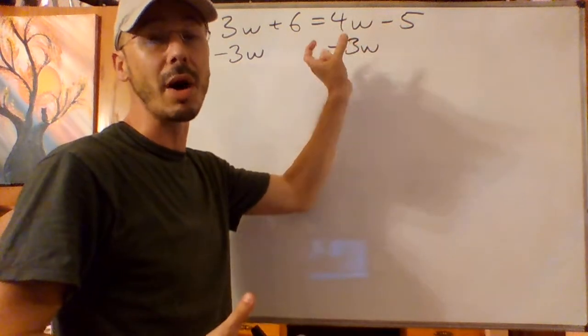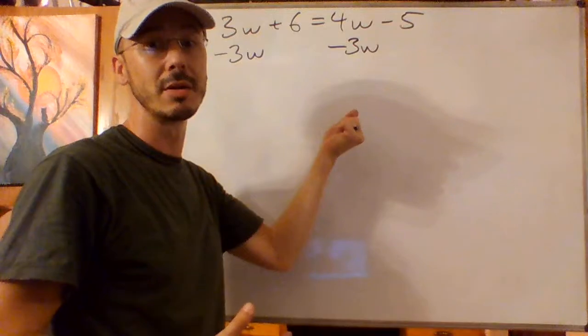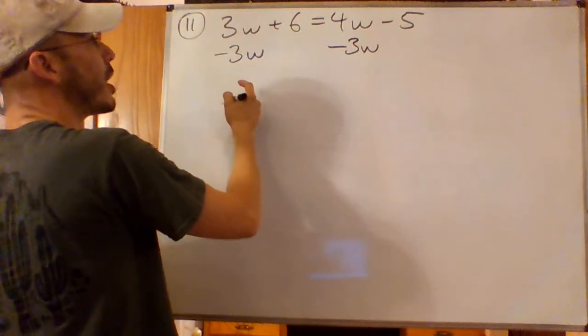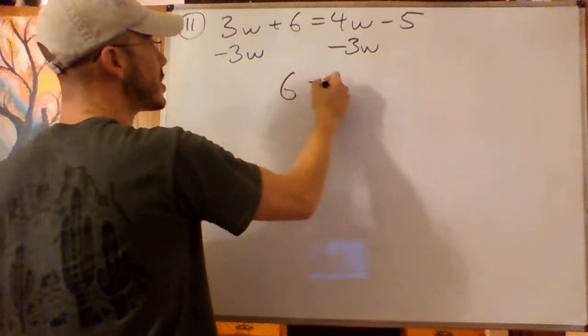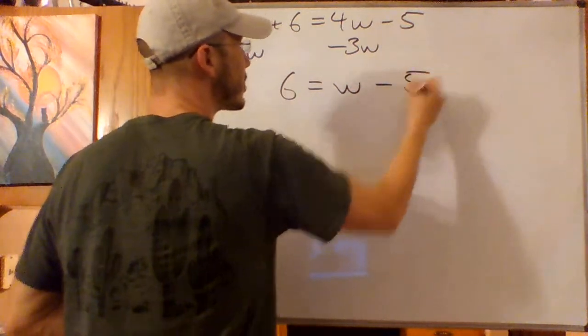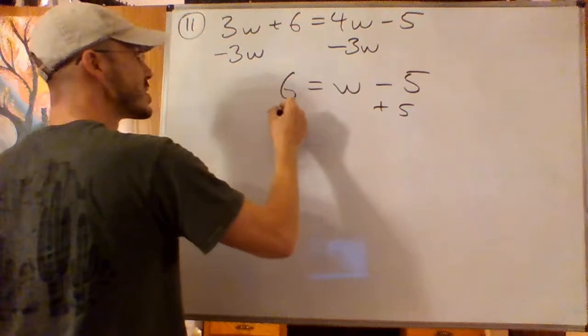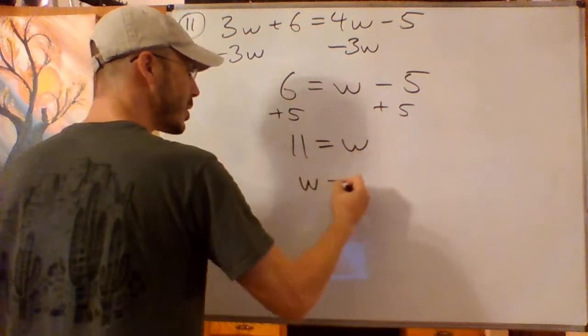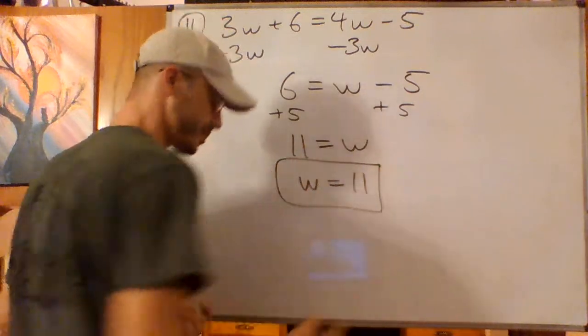It's not a real big deal, but the coefficient will be 1. And I won't have to divide at the end. It'll save me a step. What I get from doing that is 6 equals w minus 5. And then if I add 5 to both sides, I get 11 equals w, or w equals 11.